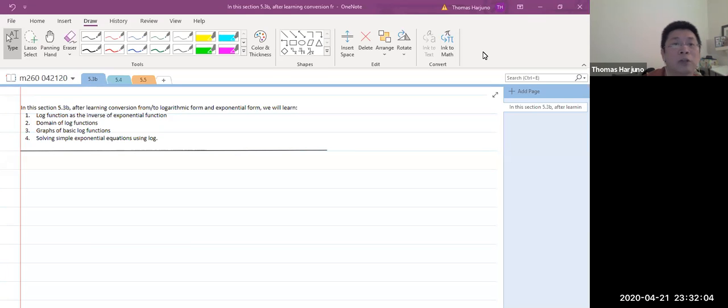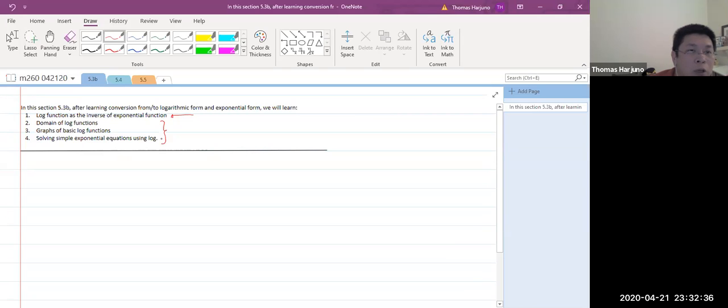of the exponential function. What is important about this statement, that the log function is the inverse of the exponential function, actually comes in points 2, 3, and 4. Using the fact that the log function is an inverse of the exponential function, we will be able to see first the domain, second to graph basic log functions, and then later on the transformation of that.